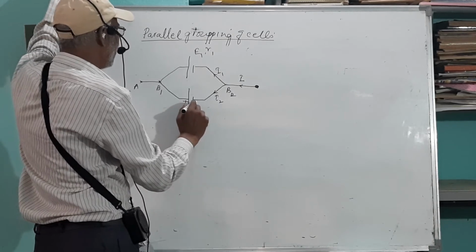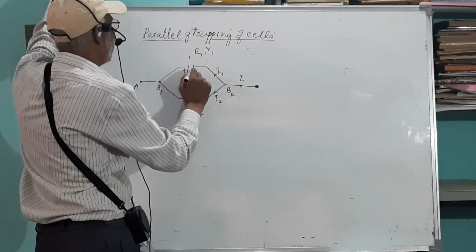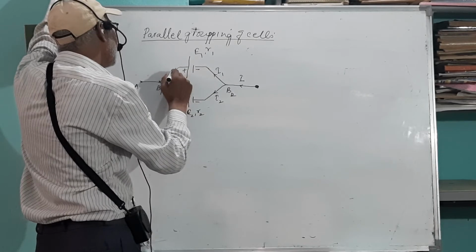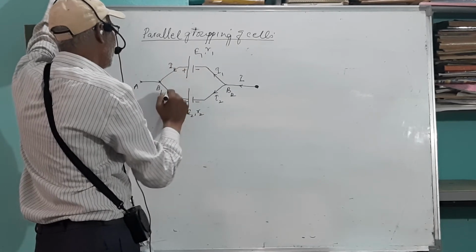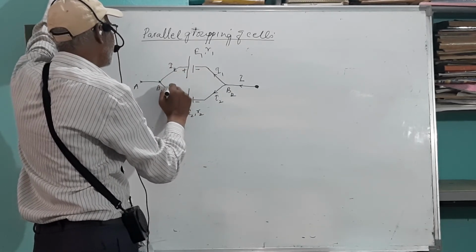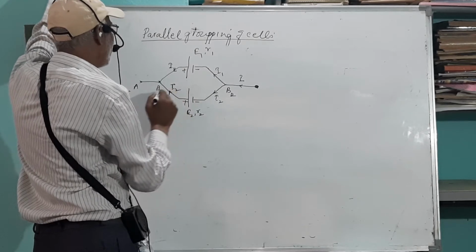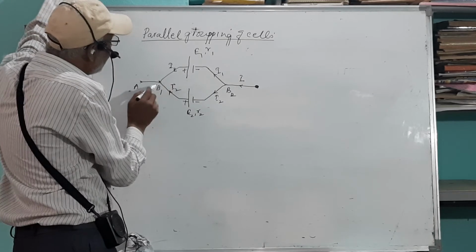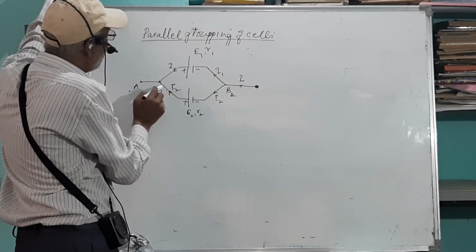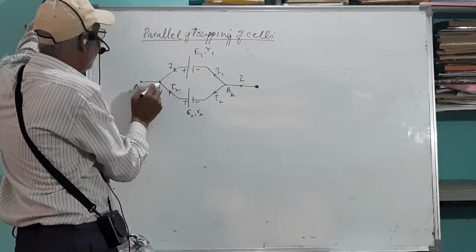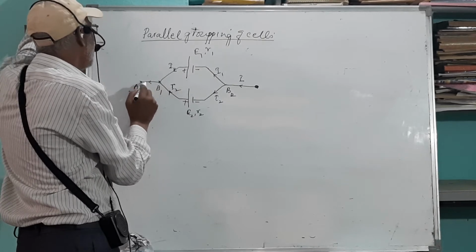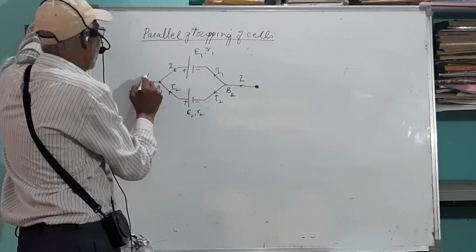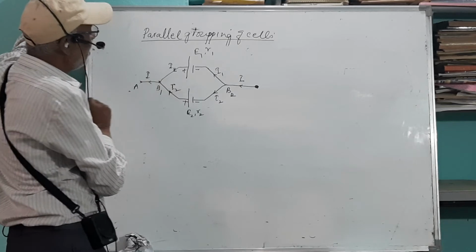So this is positive, negative, positive, negative. This cell sends the current I1, and this cell sends the current I2. Once again at this junction, I1 and I2 together meet and leave the junction as the main current.